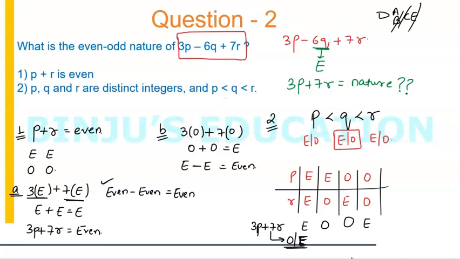No. It can be odd, it can be even. So unless I have a specific nature for 3P plus 7R, I can't conclude anything regarding 3P minus 6Q plus 7R. That's not feasible. So statement 2 alone is not sufficient, which means again my answer becomes A.